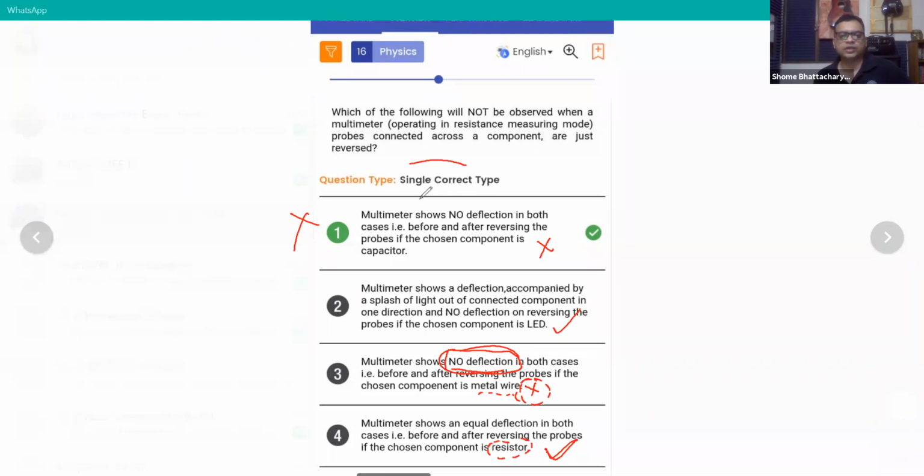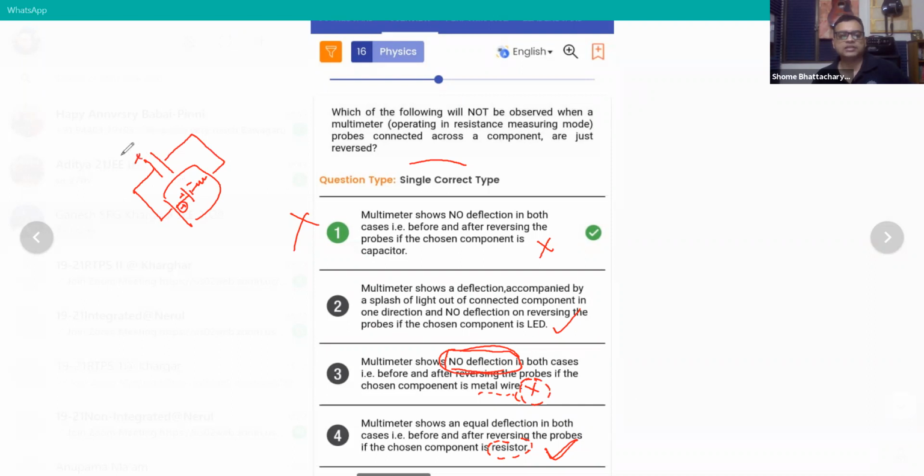Bhumik, see, when you connect a DC voltage across a capacitor, your multimeter internally is basically a DC voltage source connected with some kind of internal resistance, and some kind of current measuring device through which it's giving the deflection and all that. So when you connect the capacitor, it blocks current.